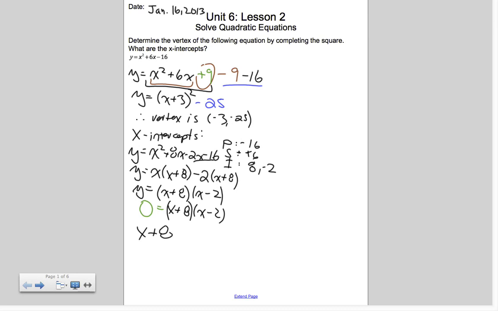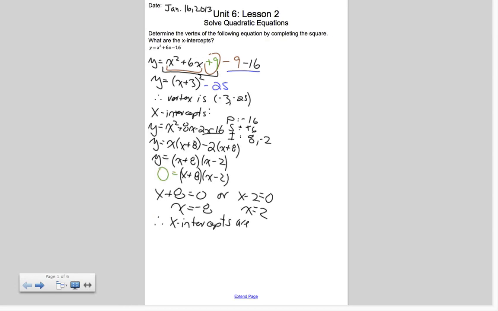So x plus 8 is equal to 0, or x minus 2 is equal to 0. So therefore, x is equal to -8, x is equal to 2, therefore the x-intercepts are (-8, 0) and (2, 0).